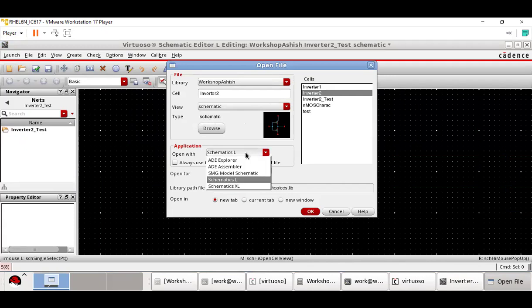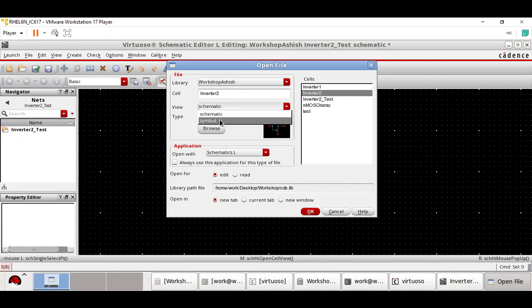So it is picking the schematic. We need the symbol. If you pick the schematic, it will copy the whole schematic. If you pick symbol, it will pick the symbol only.